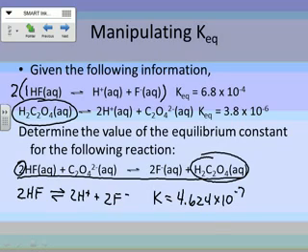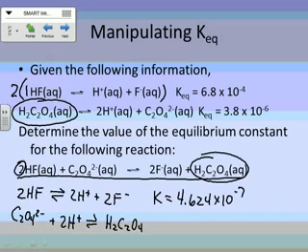And then our second equilibrium constant, once we flip this equation, we're going to end up with C2O4 2 minus plus 2H plus, it's convenient, yields H2C2O4. Now our K for this one is going to be the inverse of this K, because we flipped the equation around.